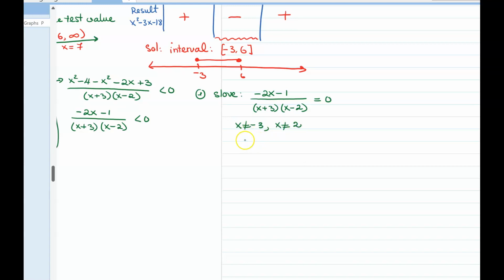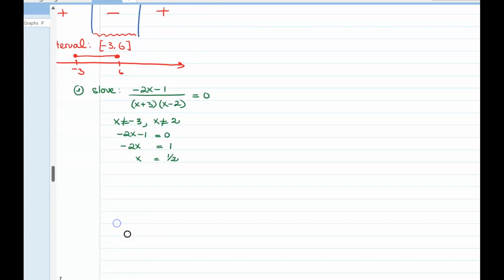This equation equals 0 when negative 2x minus 1 equals 0, minus 2x equals 1, x equals negative a half. Now I will create a table of values and choose the interval. I will create the intervals and choose the test values.